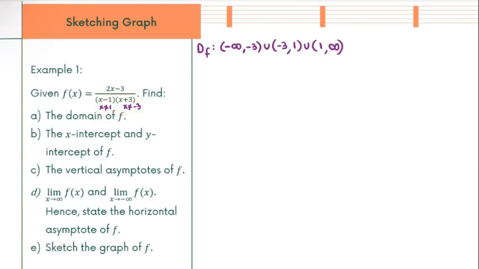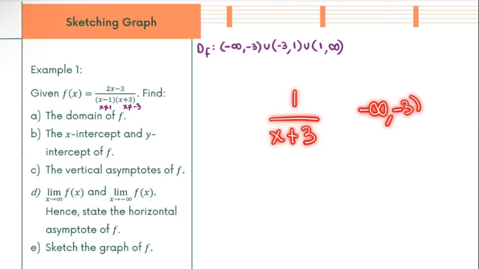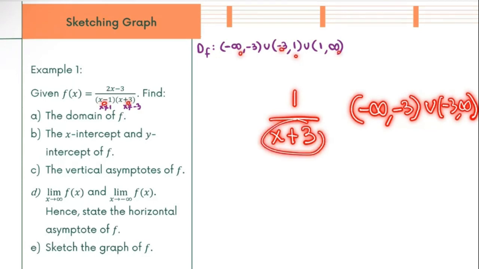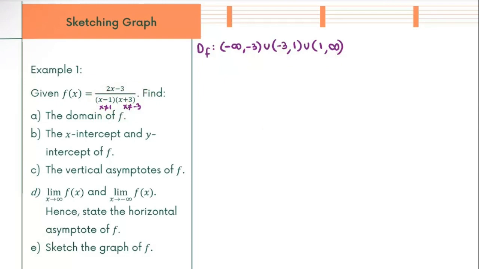Itu adalah syarat reciprocal. Sama juga contoh kalau kamu ada 1 over x plus 3. Apa kamu punya domain? Negative infinity until negative 3 union negative 3 until infinity. Itu adalah kamu punya domain. Tapi bila dia ada 2, maksudnya dia akan ada 3 pula lah. Kalau 1 kita akan ada 2 union nya, kalau 2 kita akan ada 3 union dia. Okay, so itu untuk domain.